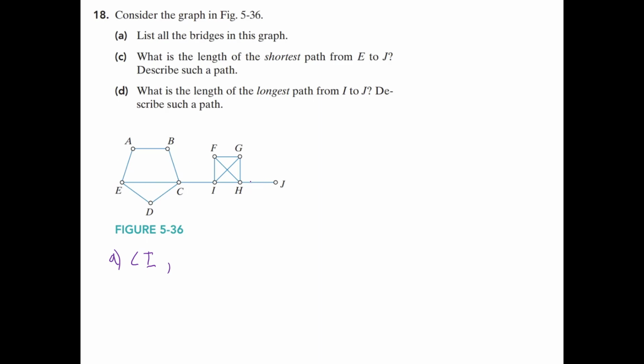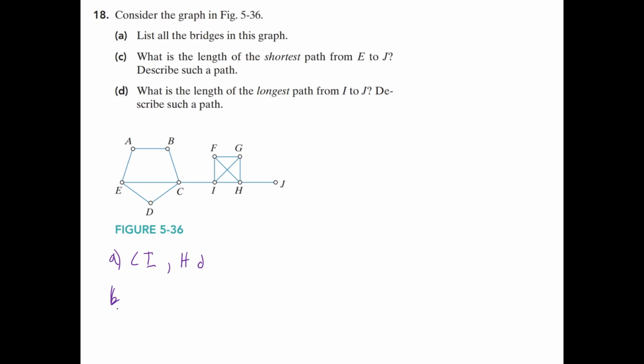But over here, if I take out this edge, then you can't get to vertex J. So H, J. So there's not really an algorithm. You just have to look at it and see what edge can I take out and then not be connected, right? And so then by visual, you can see that H, J, and CI are the only ones. Let's move on to B.